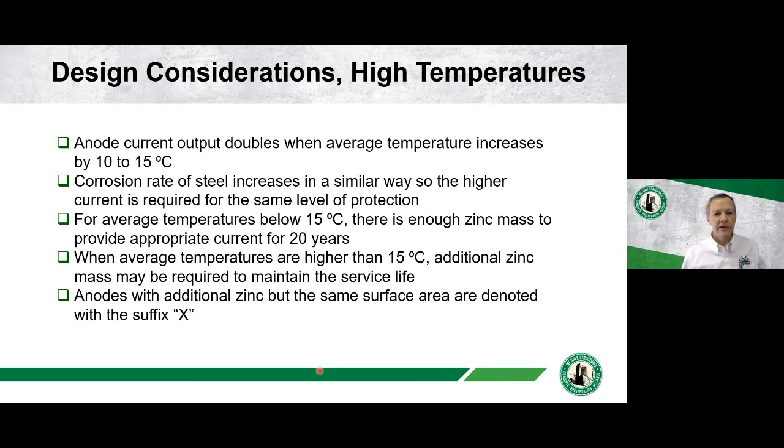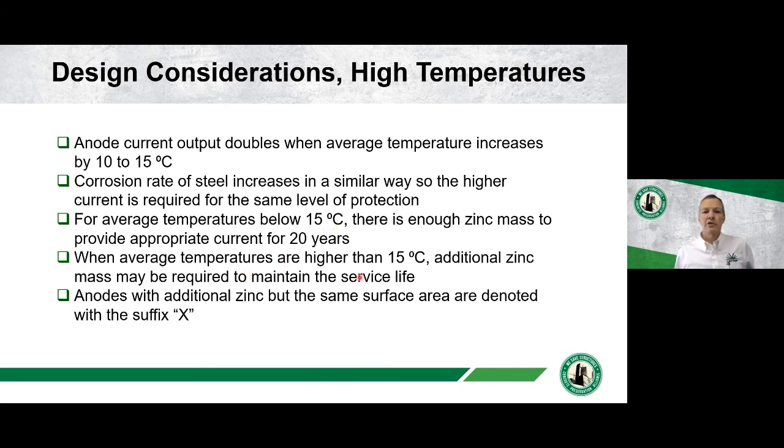And that has implications. I just said this already. Corrosion rate of the steel also increases as temperature goes up. So the fact that the anode current is going up and the steel corrosion rate is going up tends to work in parallel, so that's good. If your average temperature is below 15 or some margin above 15, there's more than enough zinc there to provide protection for 20 years.